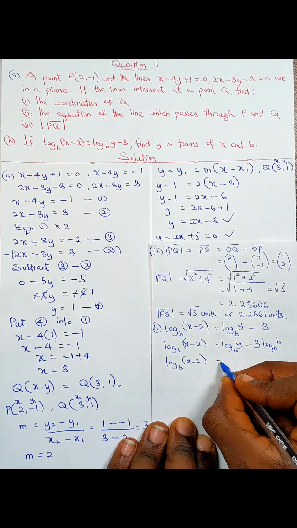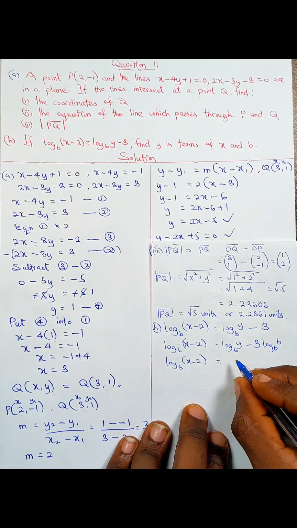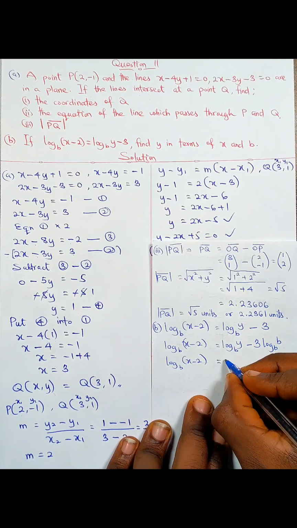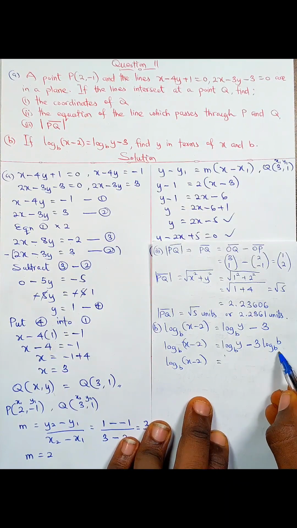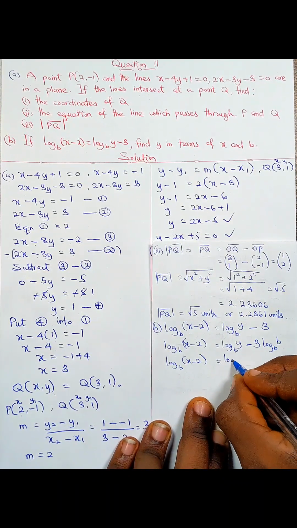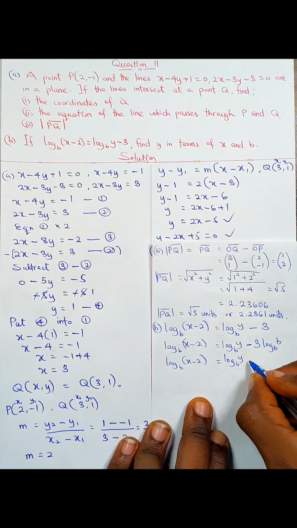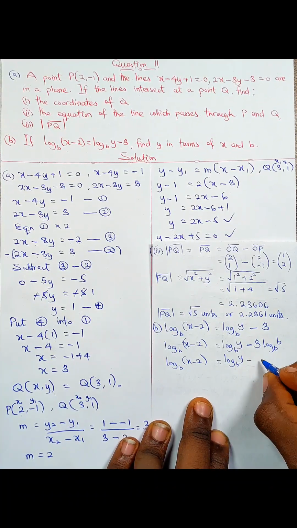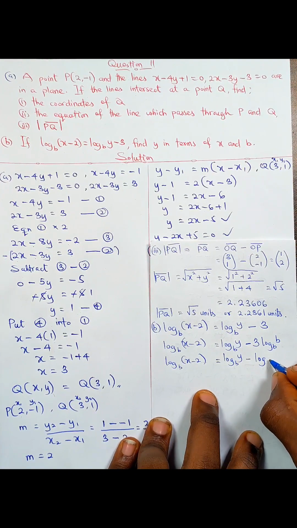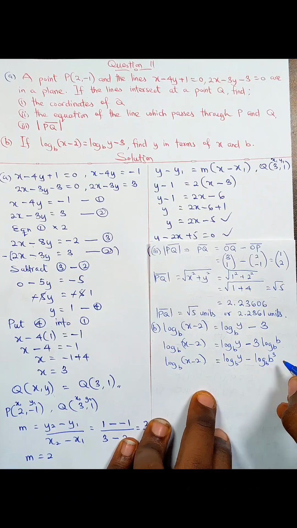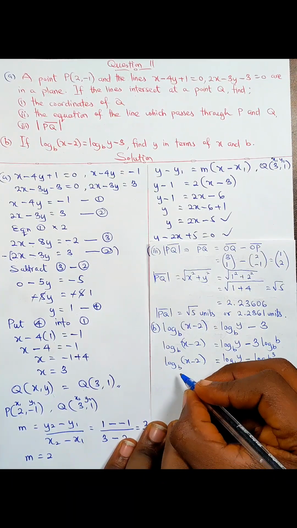So all we are supposed to do is rewrite the right hand side: log of x minus 2 to the base b is equal to, taking now that they all have a base b, log y to the base b minus this 3, which we raise as a power, so we have log of b to the power 3 to the base b.